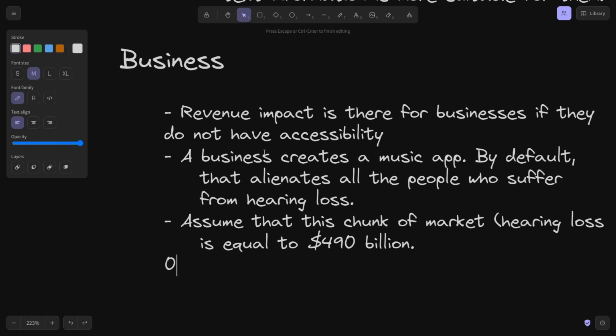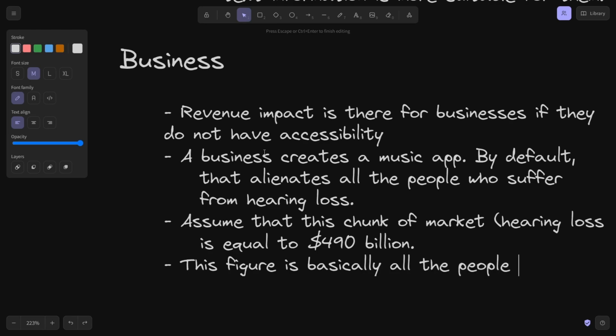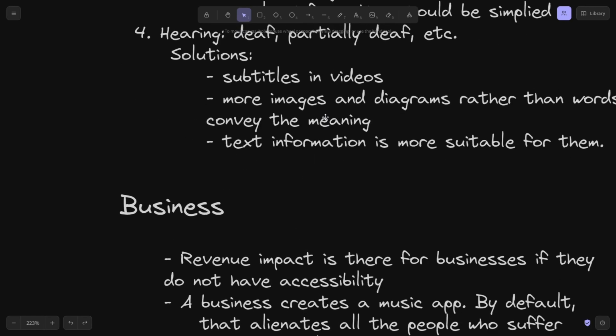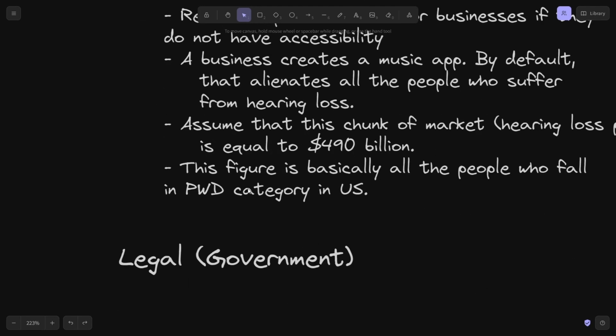In reality, this amount is actually equivalent to all the people who belong in the PWD community in the US. So this figure is basically all the people who fall in the PWD category in the US. Basically people who are in some way falling in any of the above defined categories, they together make a market of $490 billion in the US alone.